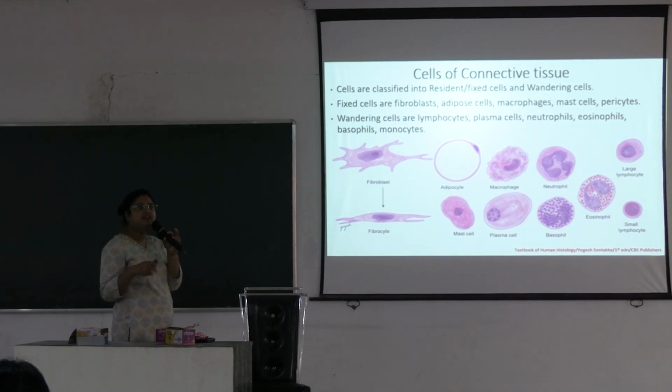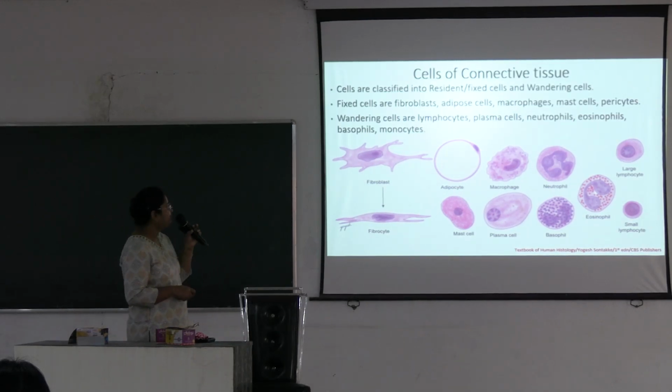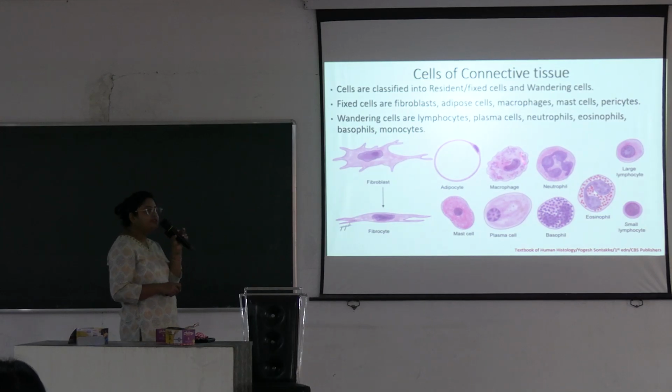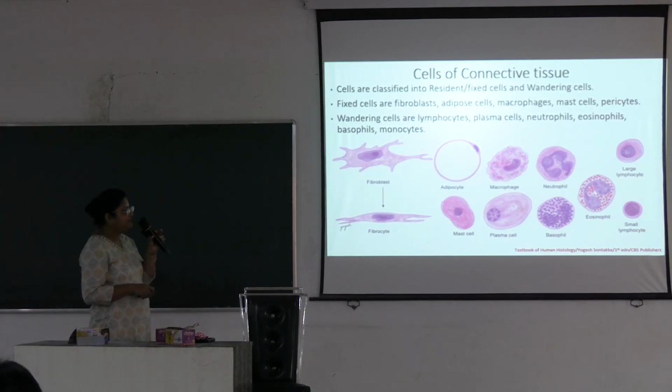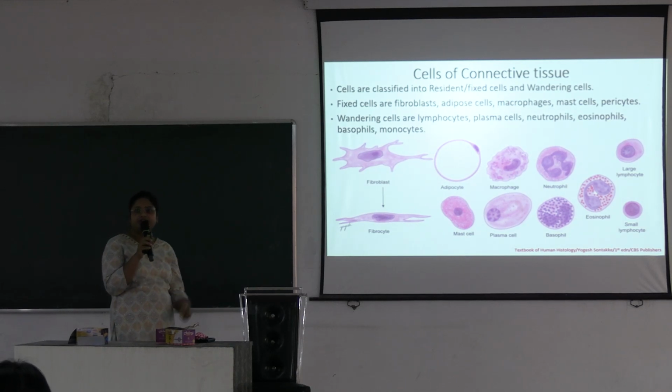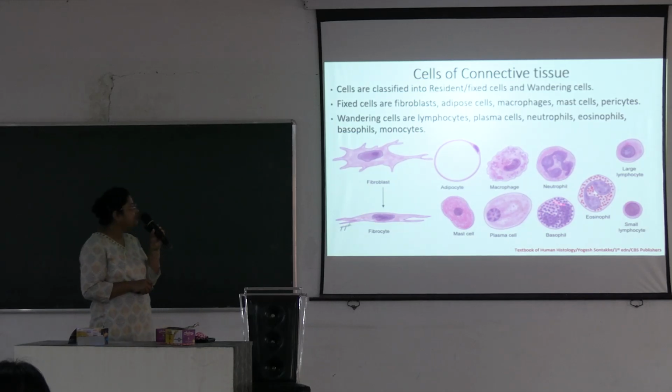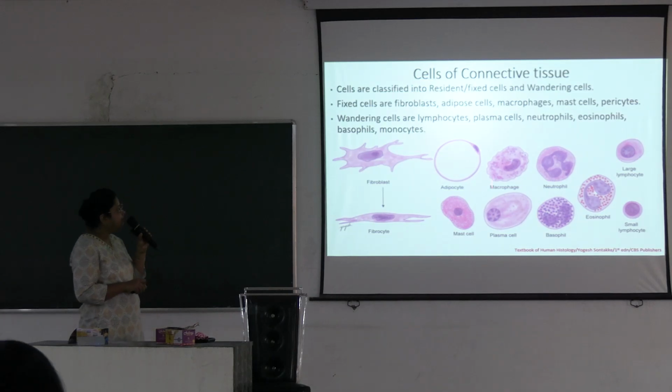Okay, signet ring-like appearance. Next, here is the macrophage, a bean-shaped nucleus, and there are some basophilic and eosinophilic granules present. And neutrophils, here is a lobulated nucleus, multiple lobules, 3 to 5 lobules are present, and eosinophilic granules are mainly present.